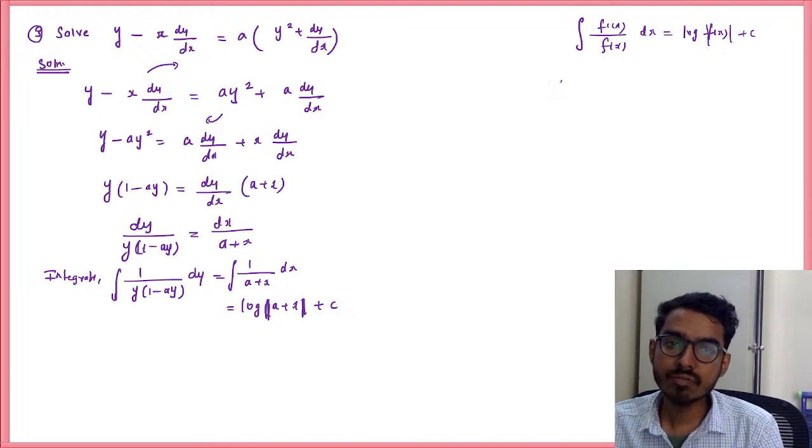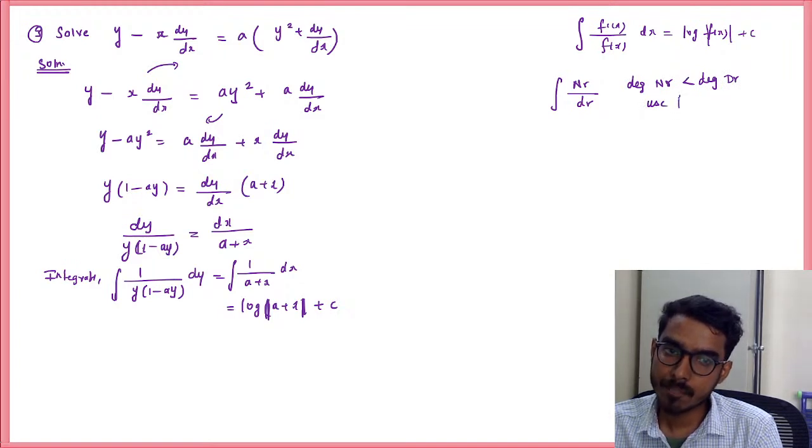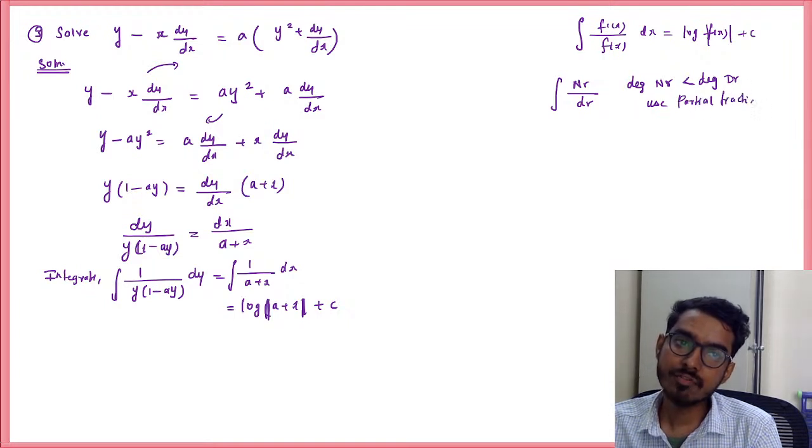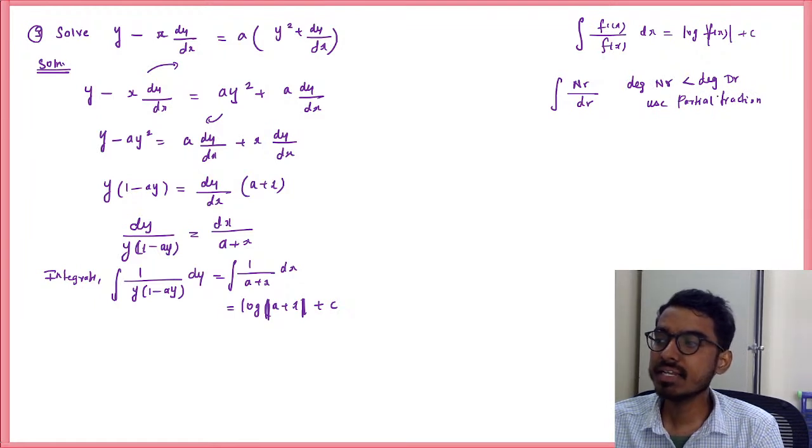So whenever you have numerator by denominator, and the degree of numerator is strictly less than the degree of denominator, use partial fraction.